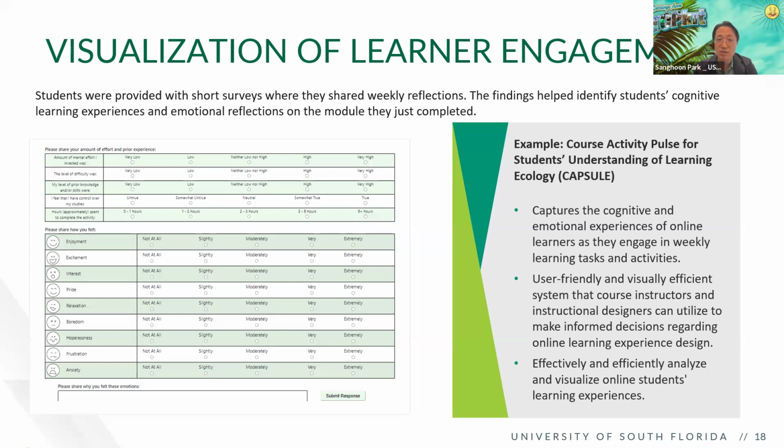Within the Canvas environment, you know that there are menus where you can check some behavioral analytics, right? For example, if they are late submitting their assignment, or if they are missing any communication with the course instructor, you can check that, although that's not 100% perfect. But there's no way that we can understand their cognitive engagement or their emotional experiences. So that's the reasoning behind this short survey.